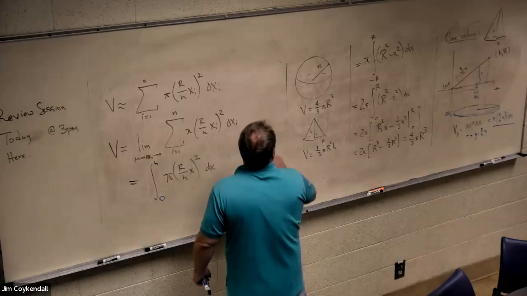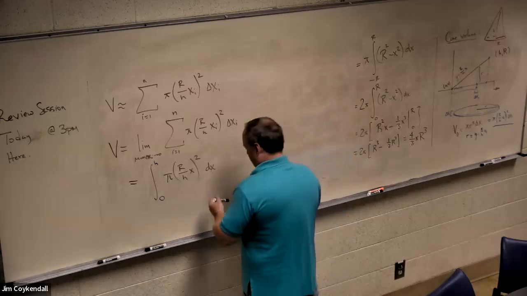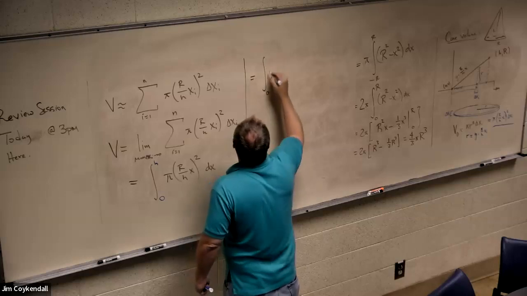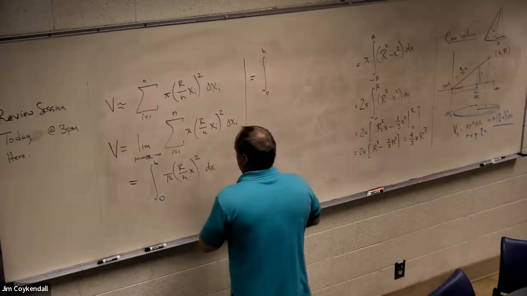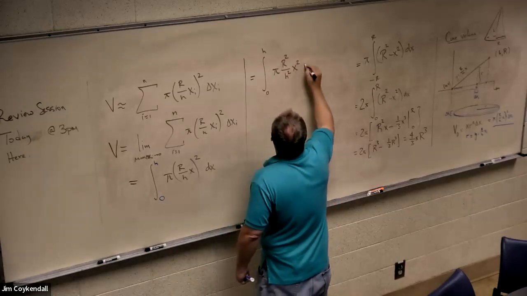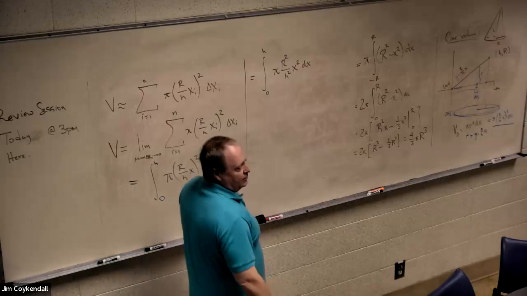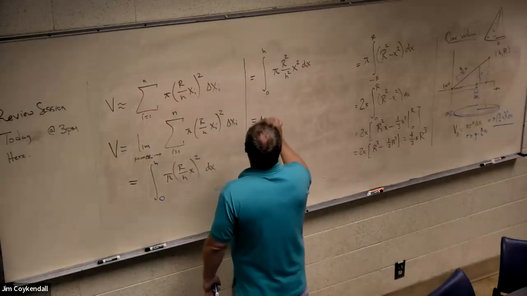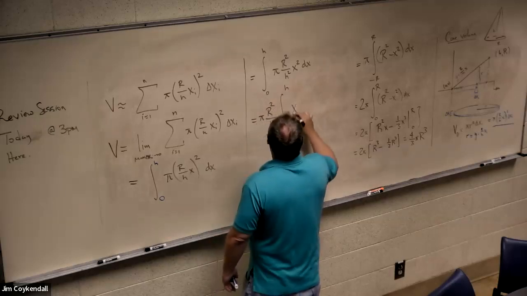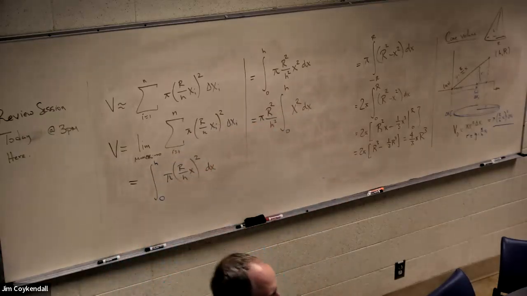So let's see what we get. This is pi r squared over h squared x squared. Now, to avoid any confusion on my part, I'm going to pull all this junk out, because the r and the h and the pi have got nothing to do with x, so I can pull them out.